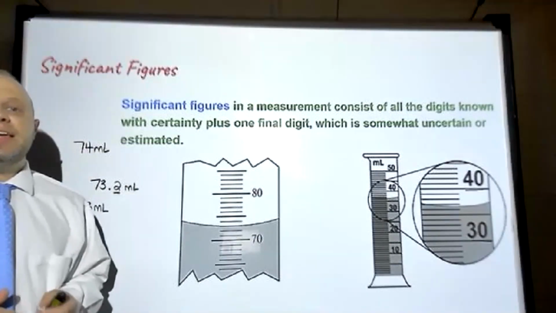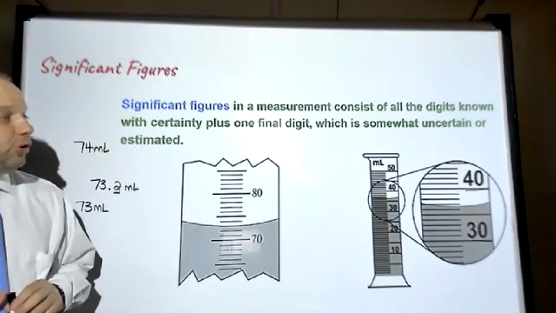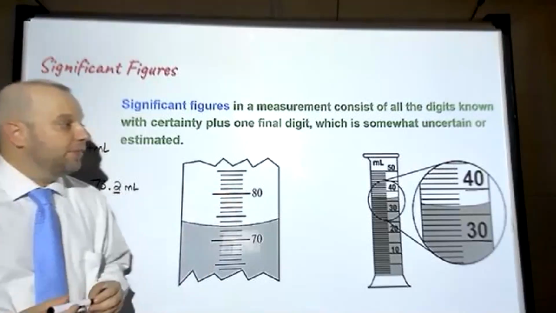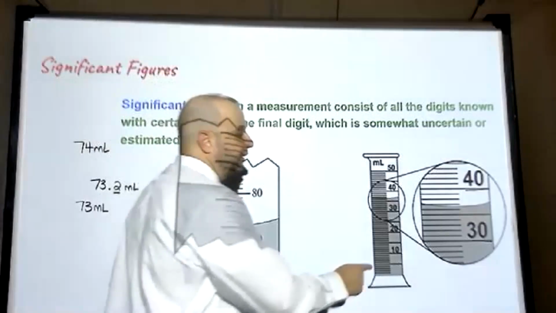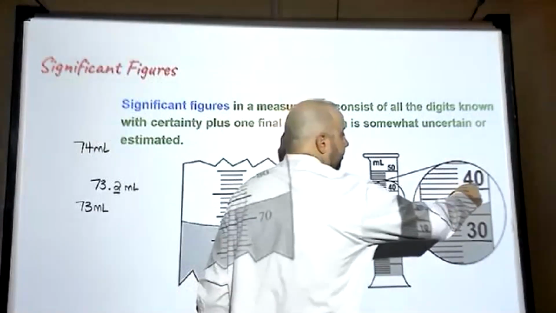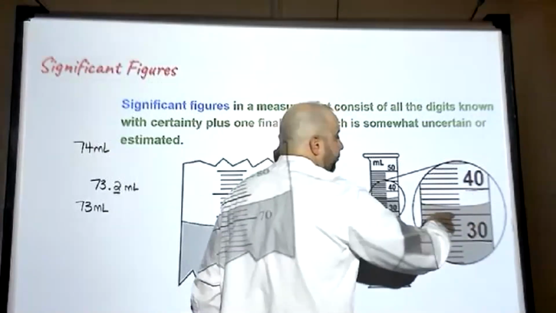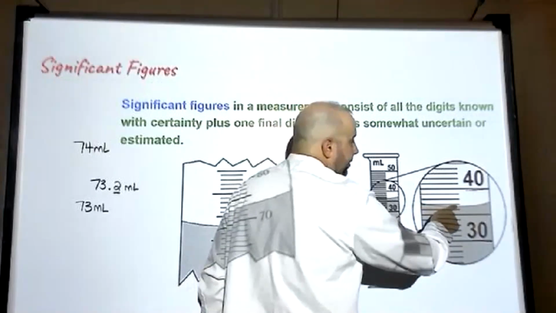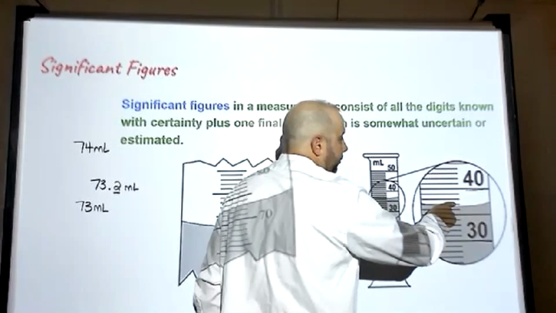Okay, let's take a look at the example on the right. In this case, if you look at the graduation marks on this, you'll see again that we have each one counting for 1 milliliter. So here's our 30 milliliter mark. Here's our 40 milliliter mark. Each one of these is 1, and this is our 35 right here. So a meniscus that's falling in between these two lines, so this is our 35, this is our 36, and our 37.